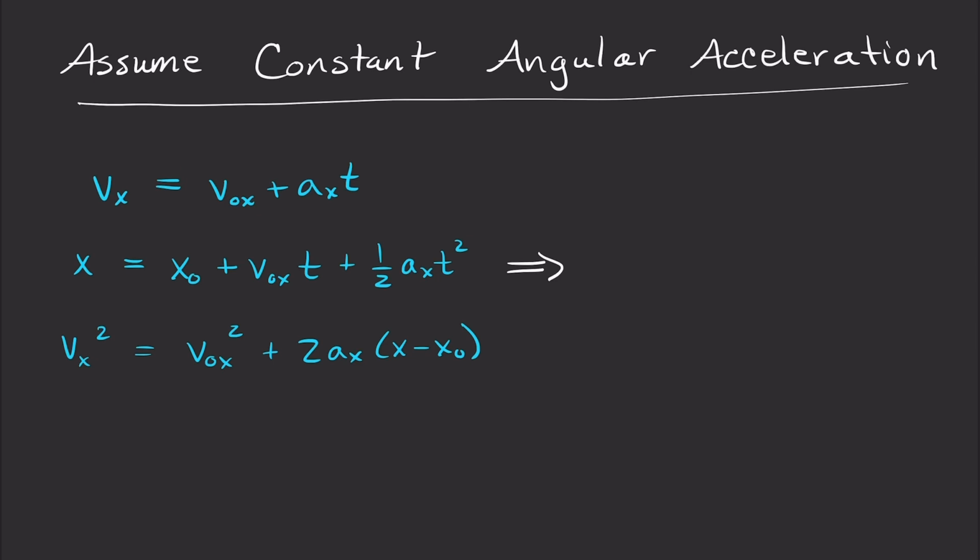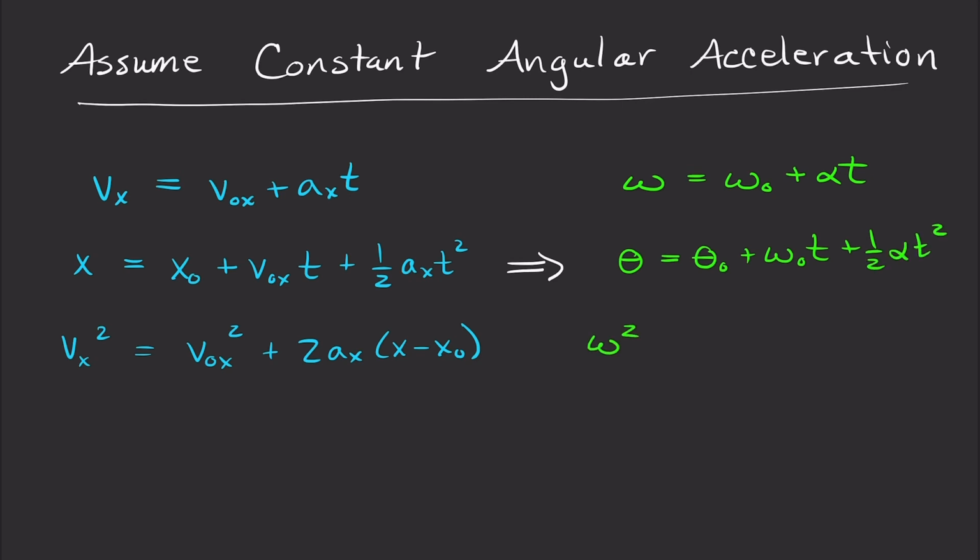And if we made the same arguments, assuming constant angular acceleration, we would get analogous equations of angular variables. So instead of v, we have omega for angular velocity equals the initial angular velocity plus the angular acceleration times time. And instead of position, we have an angle, so theta equals theta naught plus omega naught times time plus 1/2 alpha t squared.